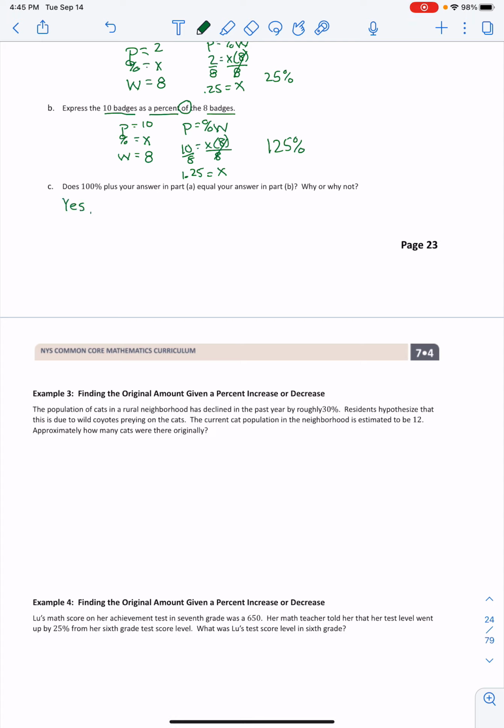Well, that's because the 8 badges and the 2 badges, which is the increase, added together would be 125%.